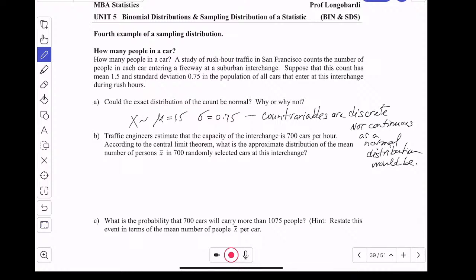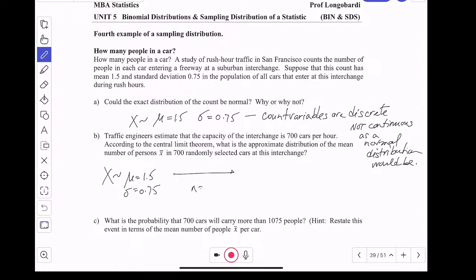Traffic engineers estimate that the capacity of the interchange is 700 cars per hour. According to the central limit theorem, what is the approximate distribution of the mean number of persons, x bar, in 700 randomly selected cars at the interchange? We know that x has a mean of 1.5 and a standard deviation of 0.75.